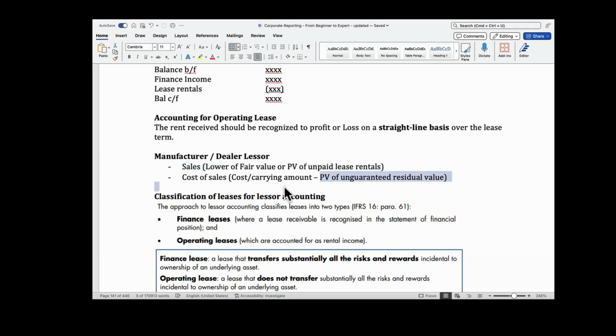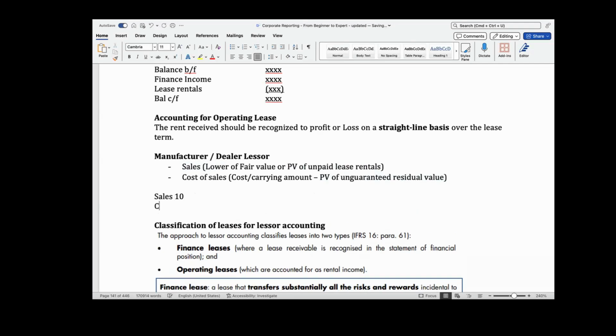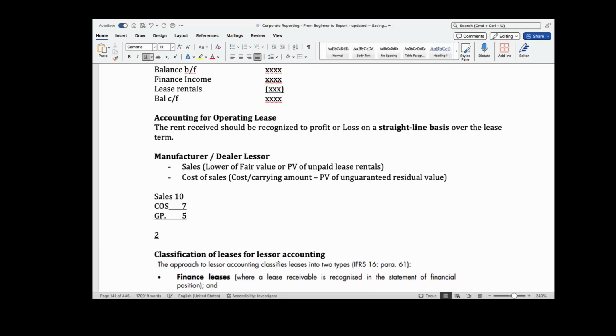Look at it. This is what I'm saying. Let's say you have a sales ordinarily of 10, and you have a cost of sales of, let's say, 7. If you deduct this, you get a gross profit of 3. But let's say there is 2 naira income.